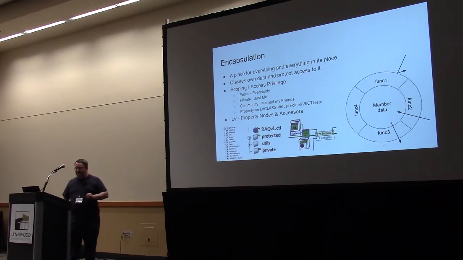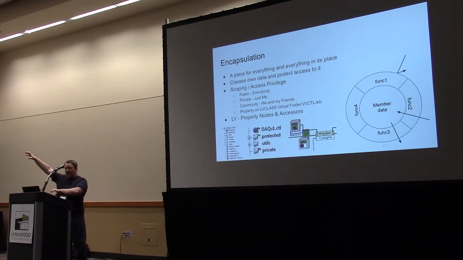One of the main ways that you will allow other people to access your private member data, because it is private in LabVIEW, is through property nodes. This is dangerous, to give people direct access to your member data. Read access is usually okay, but write access can be very dangerous because you can get multiple things trying to write to the same thing.